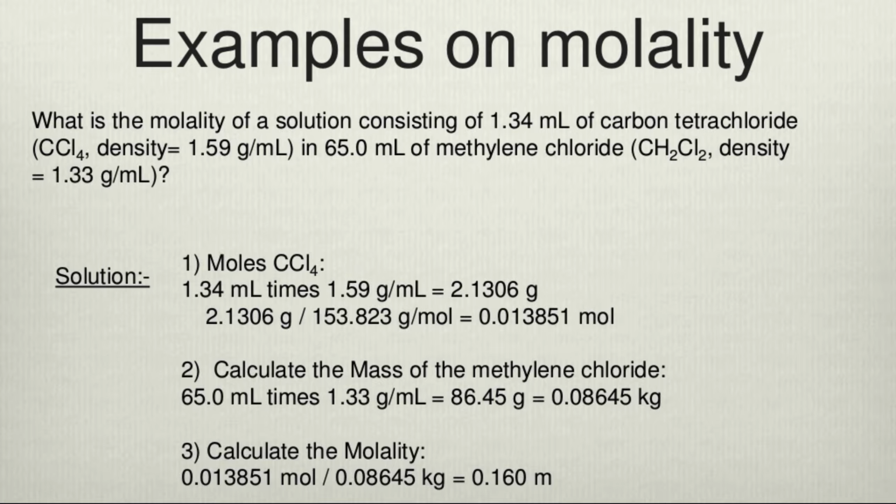Next calculate the mass of methylene chloride: 65.0 milliliter times the density 1.33, so we get 86.45 grams. Convert into kg, and then calculate the molality.